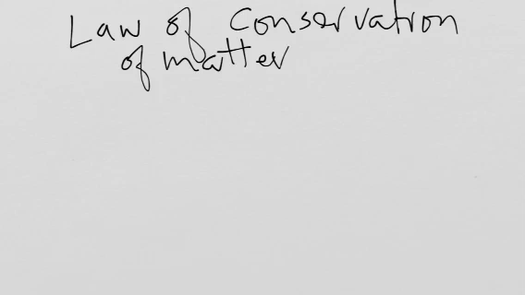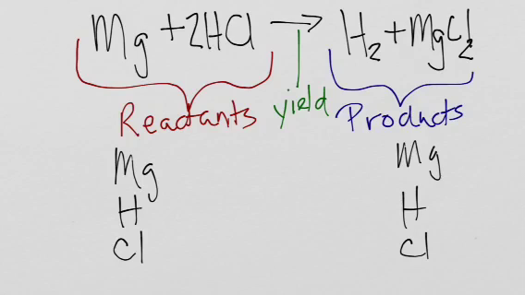The law of conservation of mass tells us that whatever we start with on our reactant side, we have to end up with the same amount of stuff on our product side. But it can be rearranged. Okay? Does that make sense?